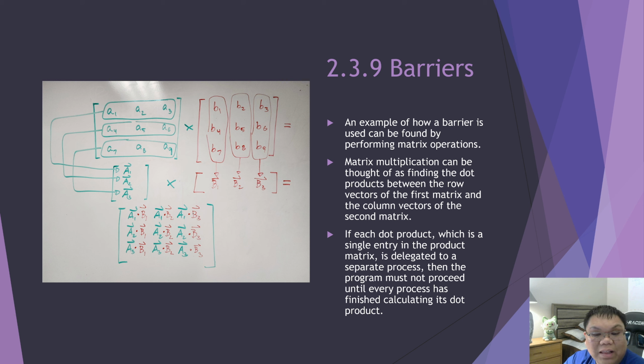But if we are dealing with, say, huge matrices, like on the order of thousands by thousands, then that's millions of calculations that have to be done. So in that case, if this is, say, a 1000 by 1000 matrix product we're calculating, maybe we do want to synchronize it so that we have, say, 100 processes working on one dot product at a time. So yeah, that is an application for a barrier.